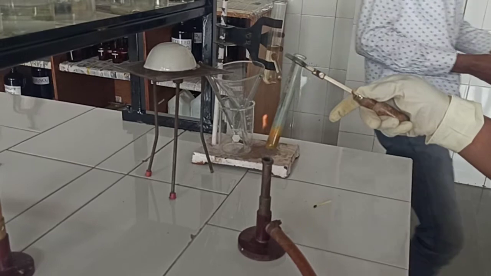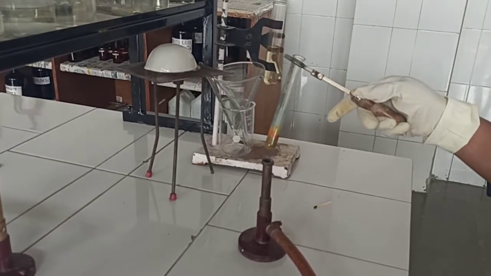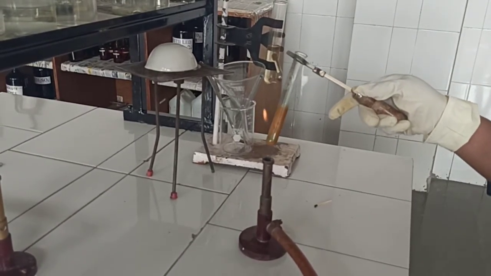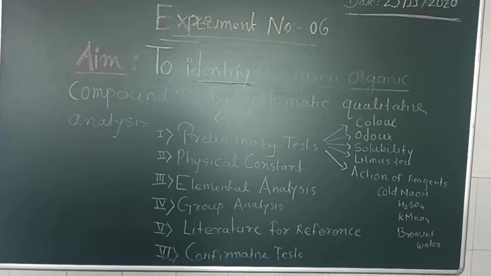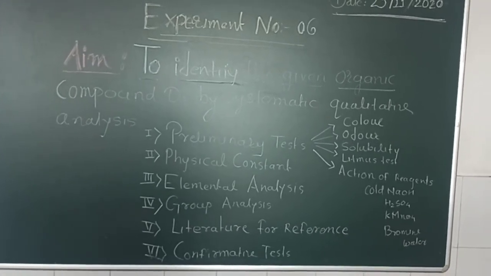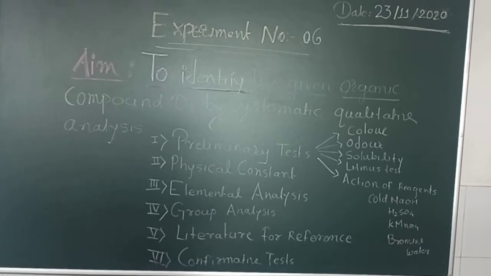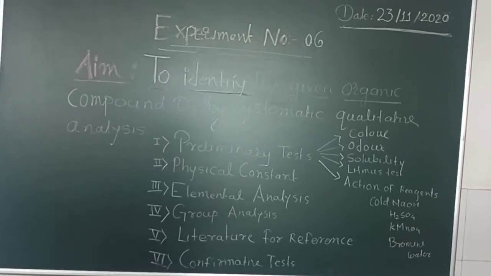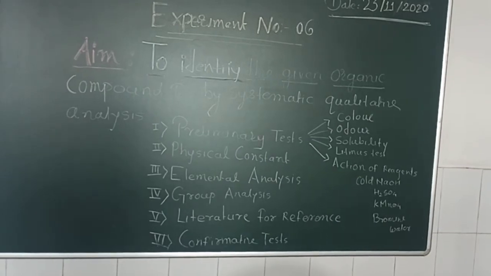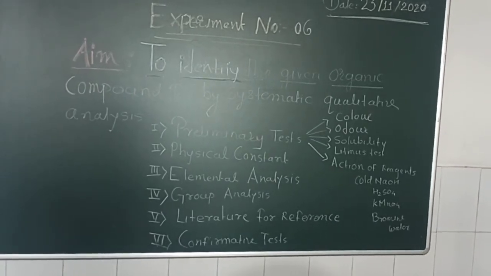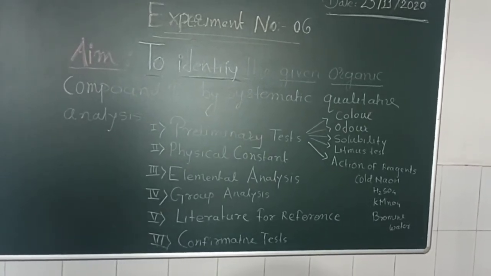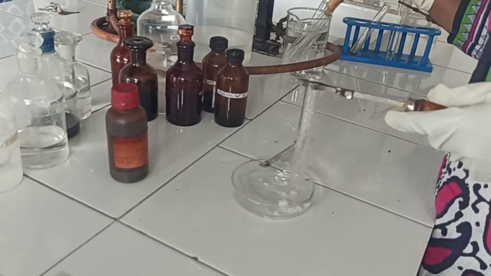That means aliphatic aldehyde is confirmed. After determining the functional group, we conclude that this unknown compound contains an aliphatic aldehyde functional group as well as a ketone functional group.